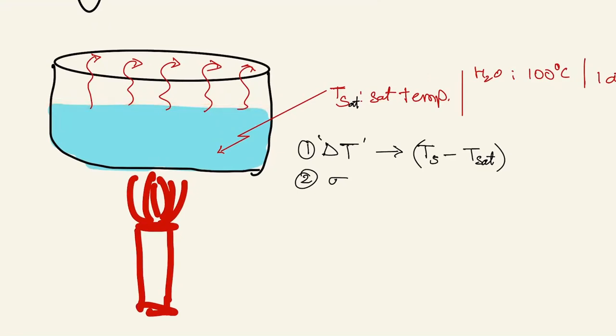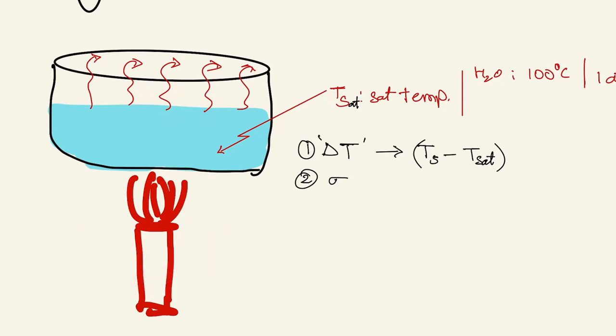So tomorrow if I change to a fluid which has higher surface tension, it will require more energy to go out, right? So surface tension will play a role when it has to actually go away from this particular liquid phase. So that energy is again coming into the picture, and who will provide that energy? The burner over here.